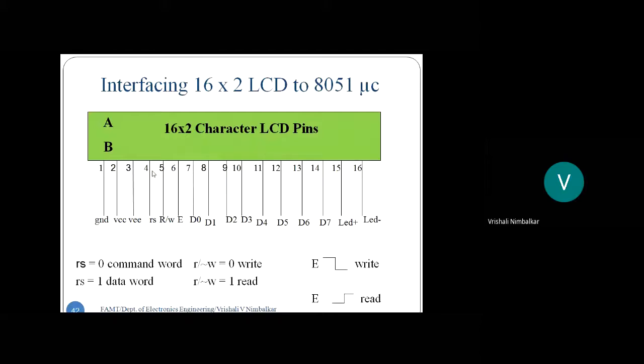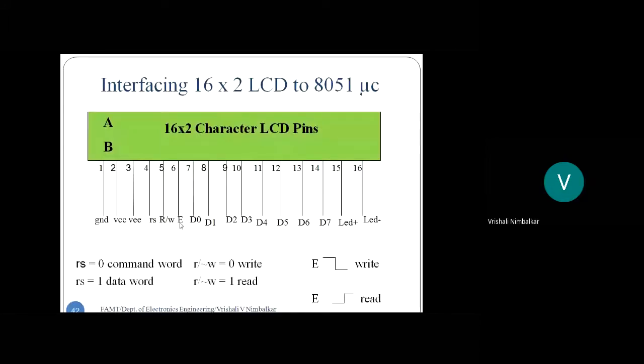So 4, 5, 6 are the control signals. And then pin number 7 to pin number 14 are the 8 data lines of LCD, D0 to D7. So these are the 8 data pins. Whenever we want to display a character on LCD, always the ASCII code of the character is sent. Remember, students.